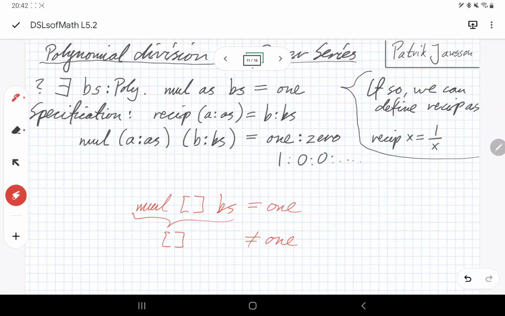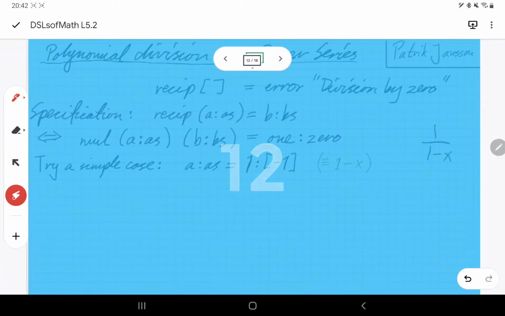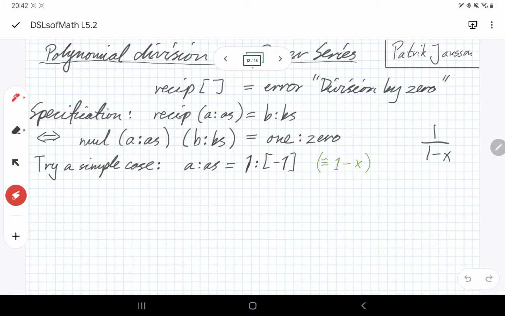Well, that will only be possible if the list AS is not 0. And one way of ensuring that is to say it doesn't have any leading zeros and it should be at least one element long. Okay, so we collected that up at the top here, saying the recip of the empty list is error division by 0, and the rest is then the question of recip for a non-empty list.